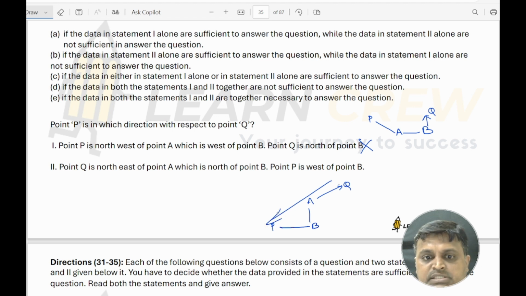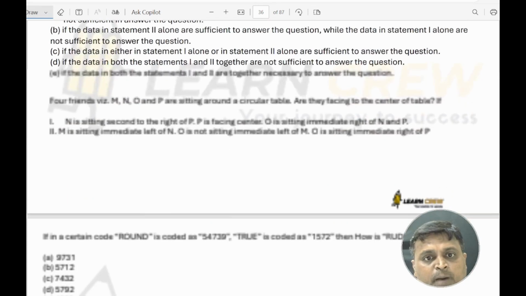So with the help of only the second statement, you can say the position of P with respect to Q. So only 2 is sufficient. 1 is not sufficient. Option B.